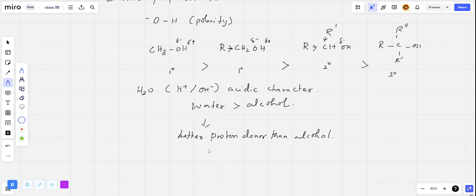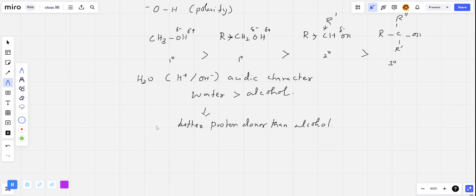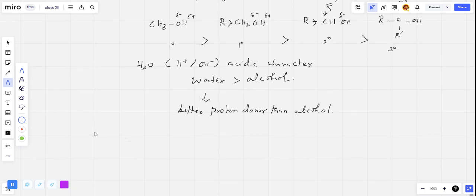So it's actually water which is a better proton donor than alcohol. This is all about the acidity of alcohols. Then the acidity of phenols is very important. The hydroxyl group of phenol is directly attached to an sp2 hybridized carbon.